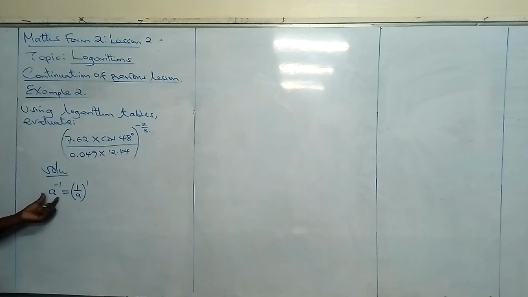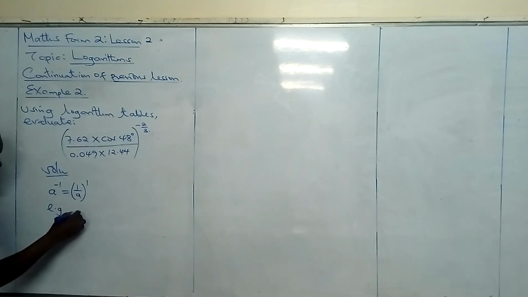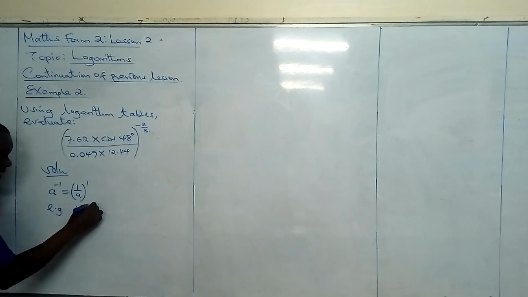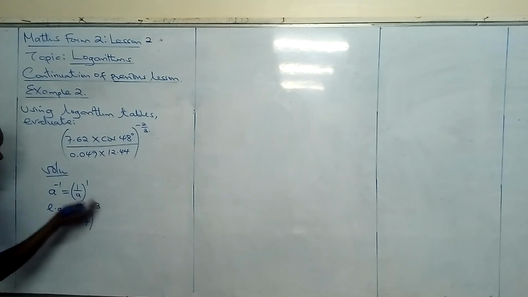Meaning that once you find the inverse of a, the negative will disappear. So for example, you have been given 1/27, raised to the power minus a third.